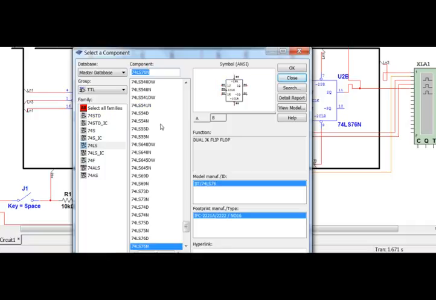And anybody remember what our 4 input AND was? There's a 7421. Okay, 7421.